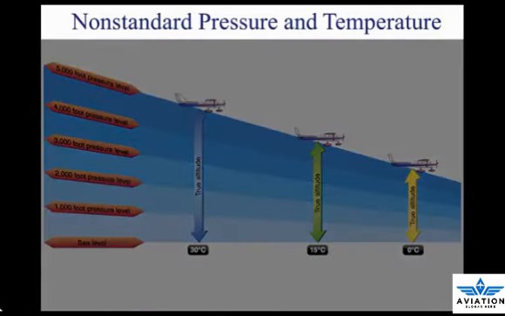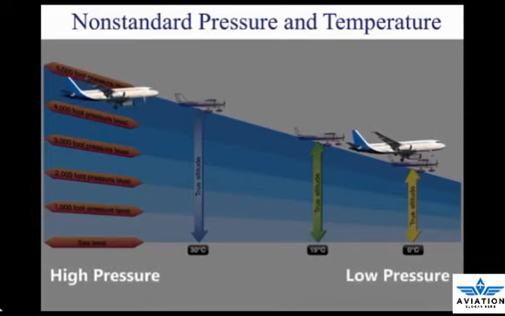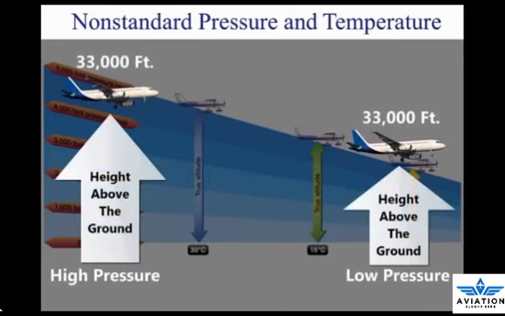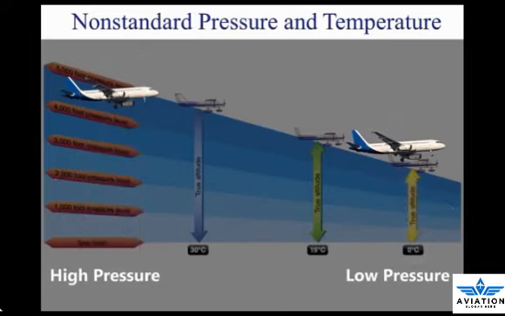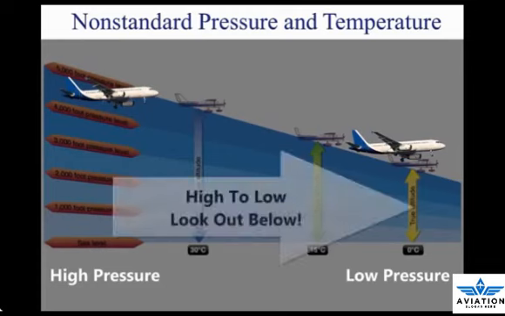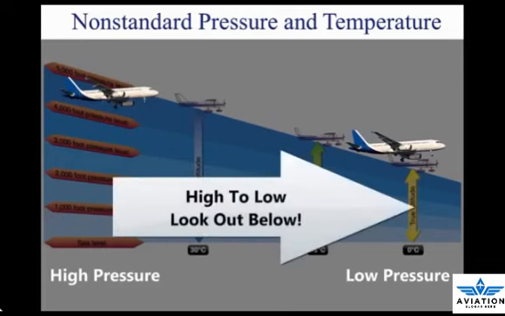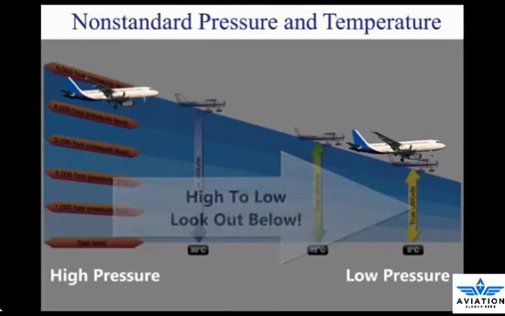For example, if an aircraft is flown from a high-pressure area to a low-pressure area without adjusting the altimeter, a constant altitude will be displayed, but the actual height of the aircraft above the ground would be lower than the indicated altitude. There is an old aviation axiom: going from a high to a low, look out below.